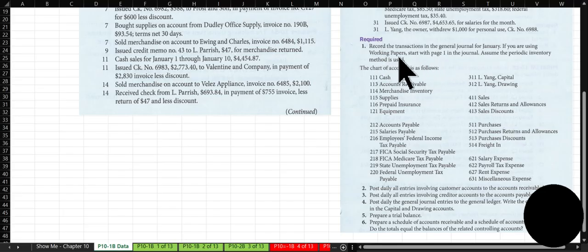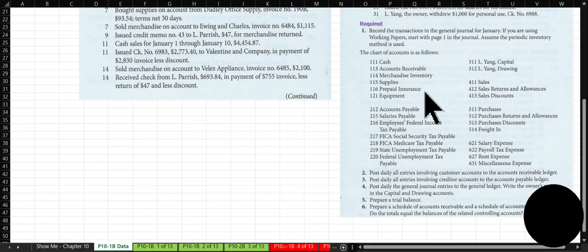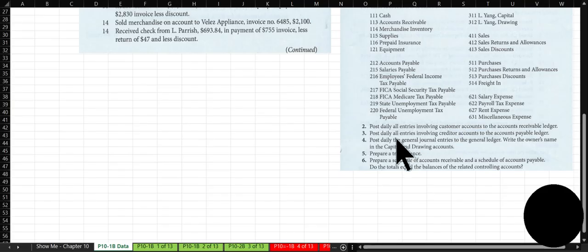But the first thing we have to do is record the transactions in the general journal for the month of January, because we are using the Excel template to record our transactions.